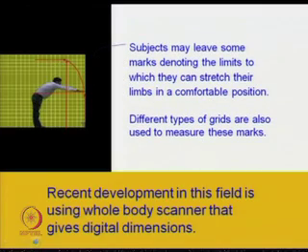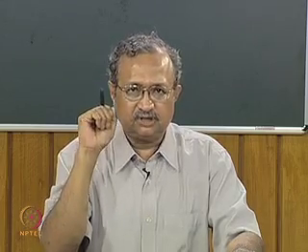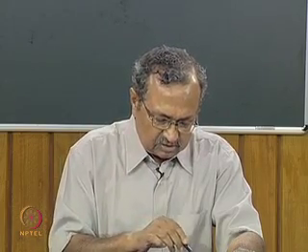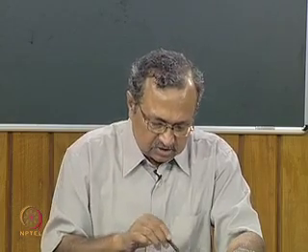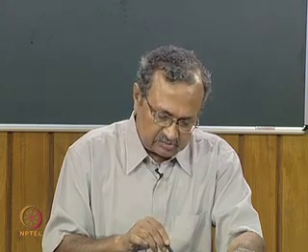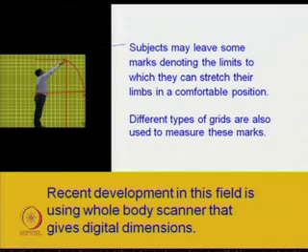Now, another thing is that when we measure the dynamic reach values, in this case the left hand figure shows the upper comfortable reach and middle comfortable reach. When we are measuring, the subject may leave some marks denoting the limits to which they can stretch their limbs in a comfortable position.